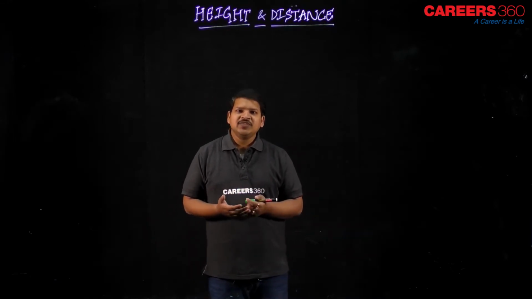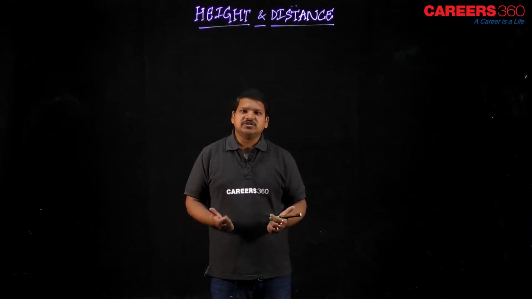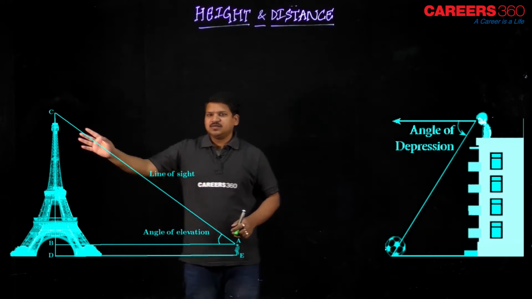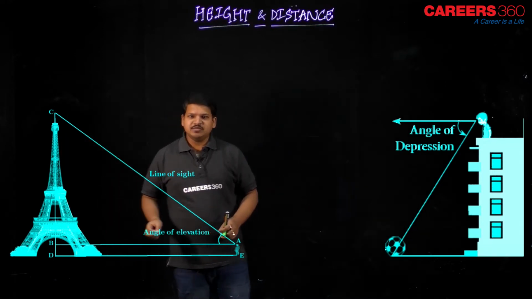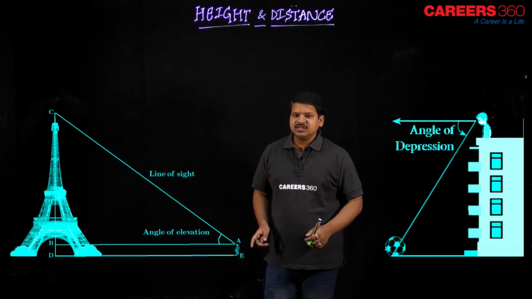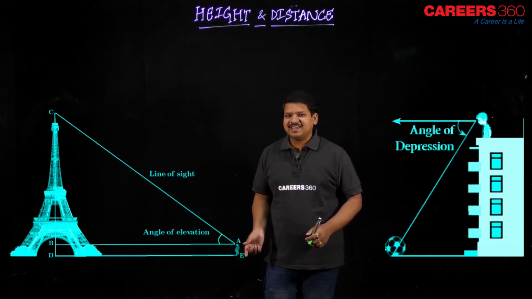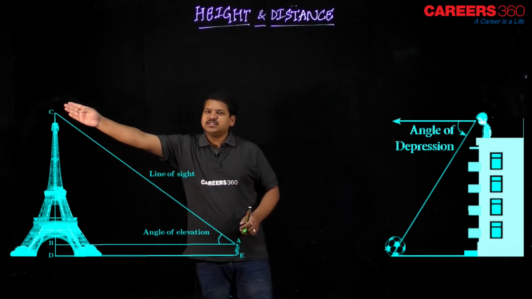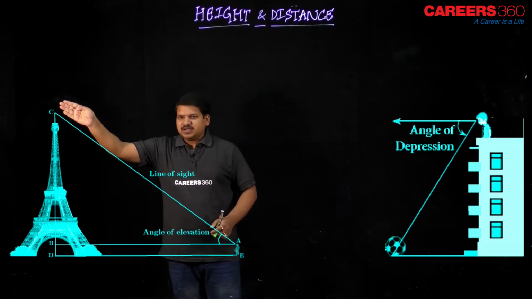For example, let us have a look at these two pictures. As you can see right over here, this is a very famous monument, and here this small observer AE is situated, and he is looking at the top of this Eiffel Tower, right?